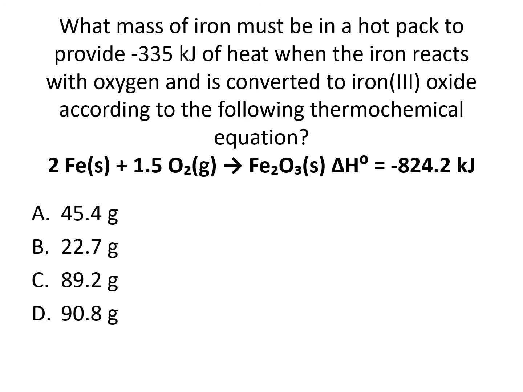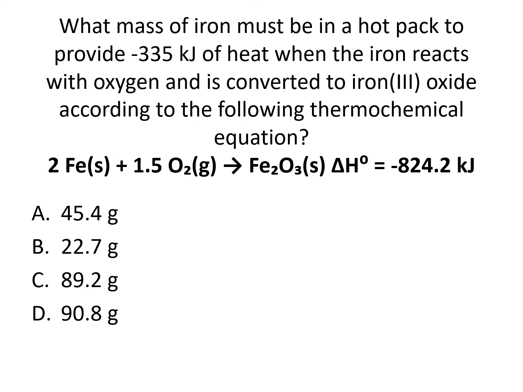So this problem is very similar to the previous one in that you can use a known relationship between a delta H and a coefficient from the chemical equation in order to solve for something that's unknown. In this case, we have a balanced chemical equation given to us and a delta H associated with that balanced chemical equation.